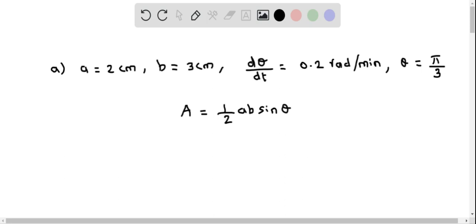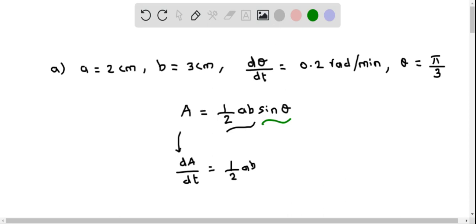From the given information, we can understand that only theta changes with respect to time, whereas a and b remain constant. So we will differentiate this area function with respect to time, that is dA over dt, keeping a and b constant. Therefore, half ab will be constant, and then we differentiate only sine theta with respect to time.